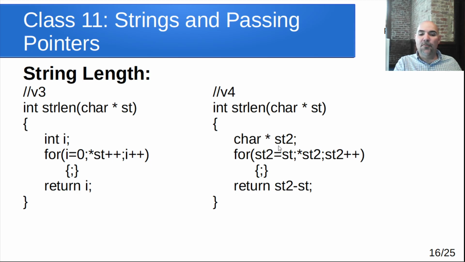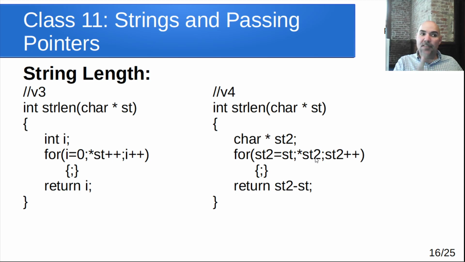And then before the loop starts, I copy st into this other character pointer. So think about it as making a copy of the address of where this thing started in memory. And then the next thing we're going to do is look at the thing pointed to by st2. So we're taking the copy and looking at what it's pointing to, which will be the first character of the string.